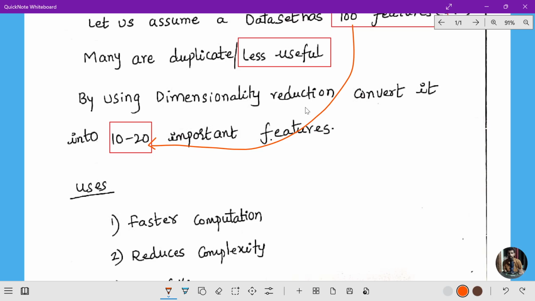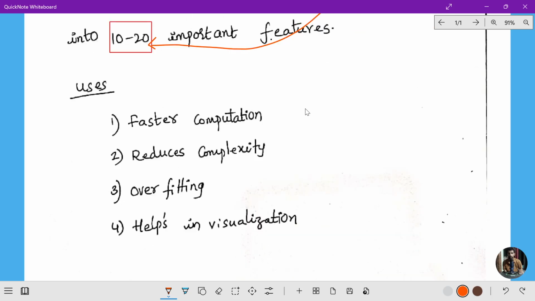Okay, now let us see the uses of dimensionality reduction. The first one is faster computation. Why does it have faster computation? Because when we have 100 features or 100 columns and I reduce them into 10 or 20 columns, it reduces the burden on the database as well as improves the computation.